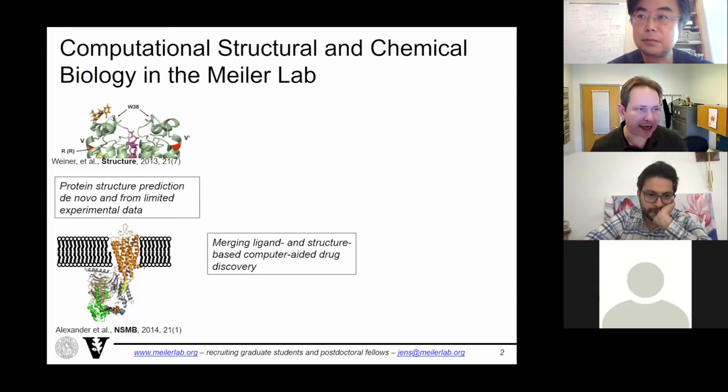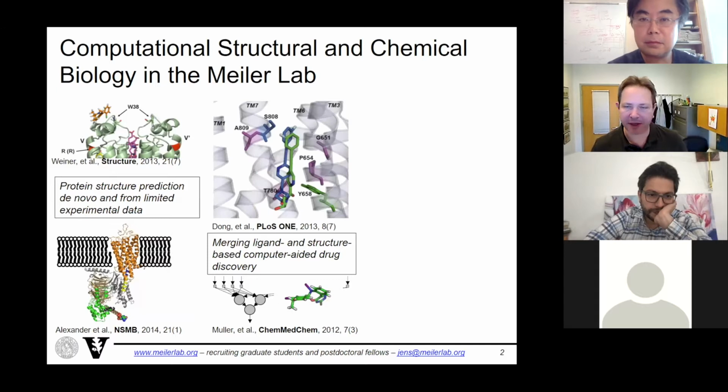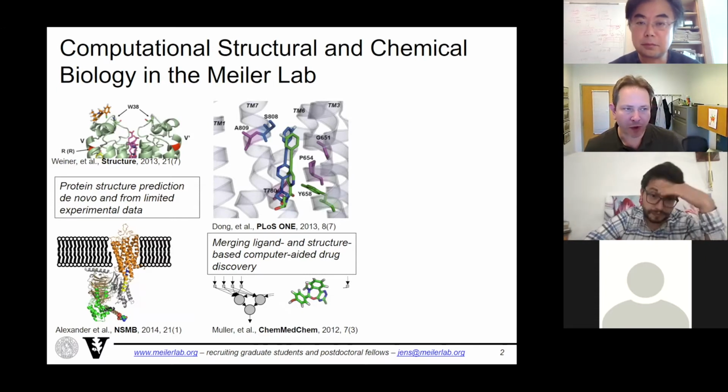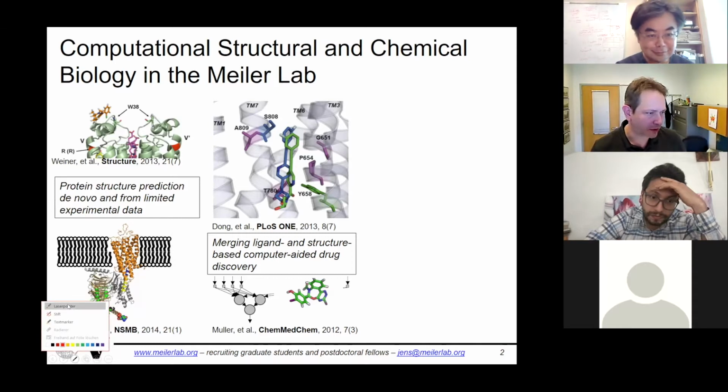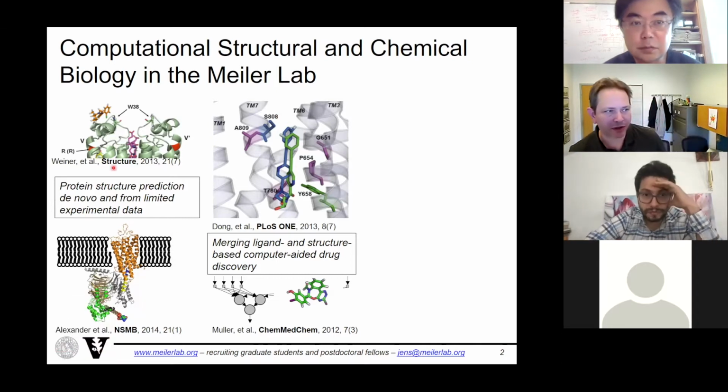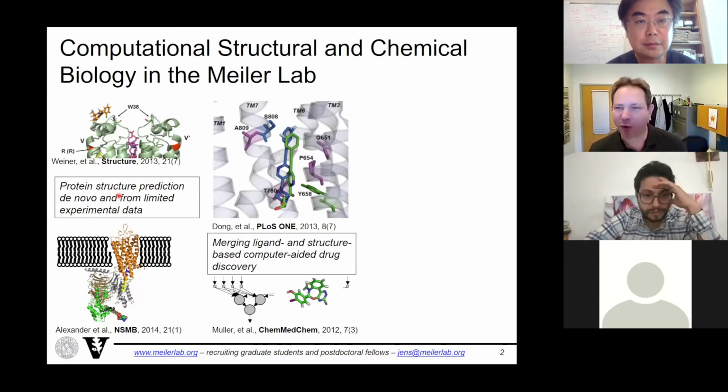The second area of the lab is what I would call small molecule or traditional drug discovery. Here we look for small molecules that often also bind to these membrane proteins. So we build the models in this first portion of the lab, and then we use them for structure-based drug discovery in the second part.